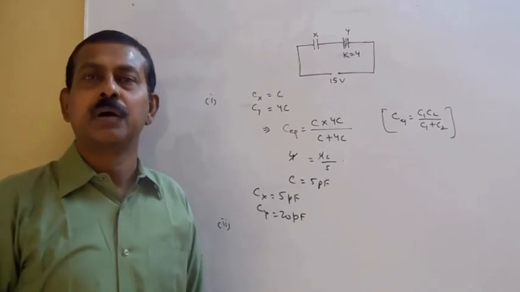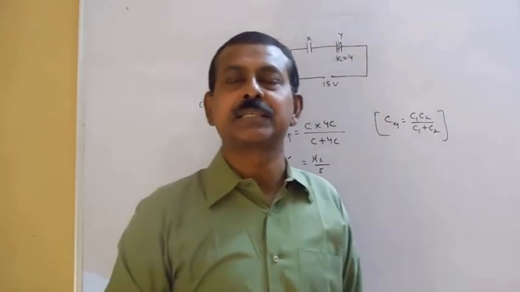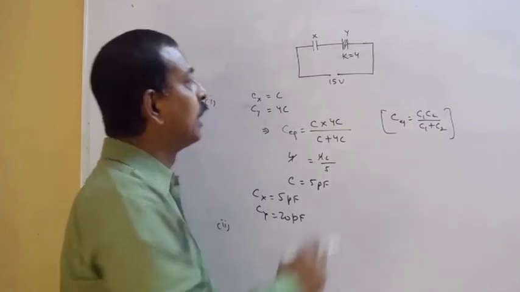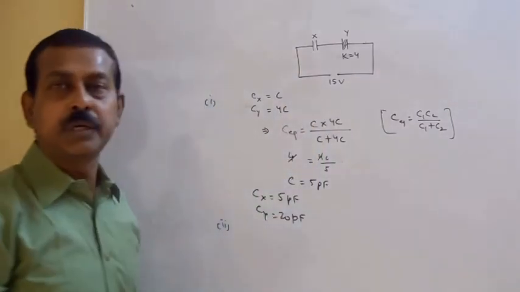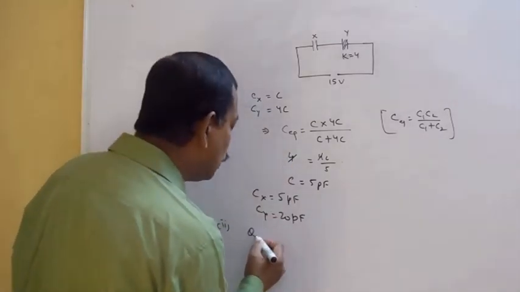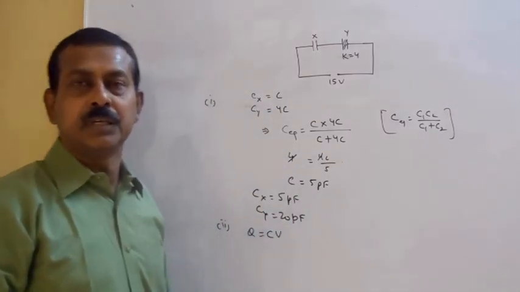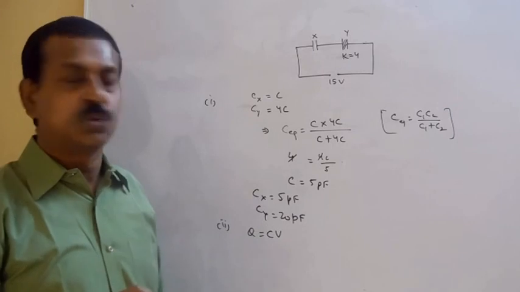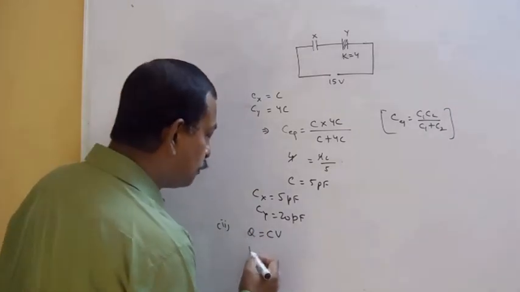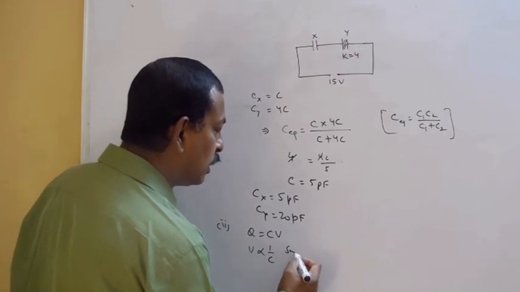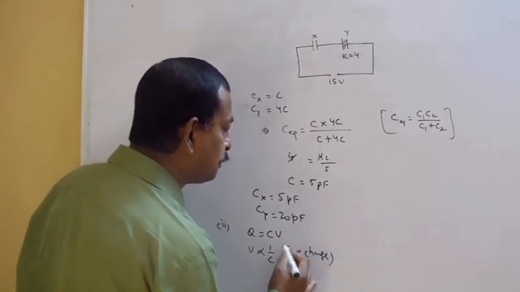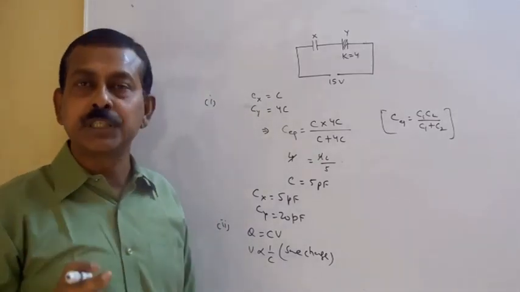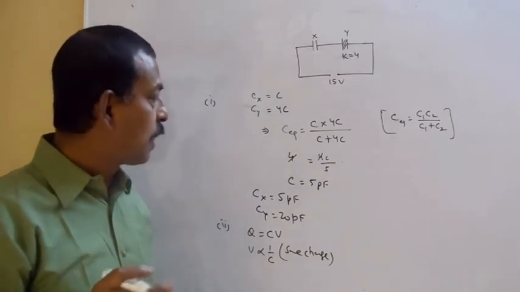Now the second part is the potential difference between the plates of X and Y. As the two are connected in series to a potential difference of 15 volt, and Q equals CV, since the same charge flows through both capacitors, V will be inversely proportional to C. The potential difference will be in inverse ratio of their capacitances.